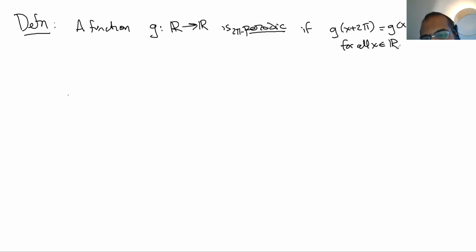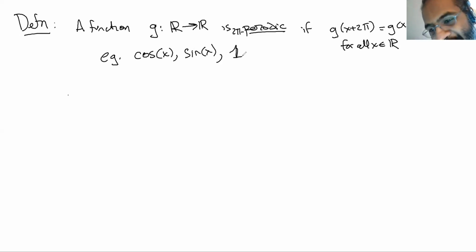Does anybody know a 2 pi periodic function? Sine, cosine. Somebody said the function 4, that's correct. Any constant function is also periodic.